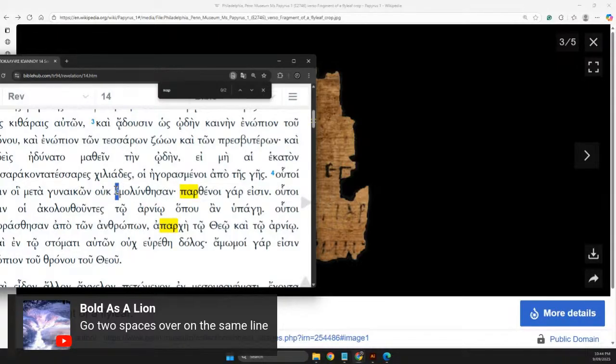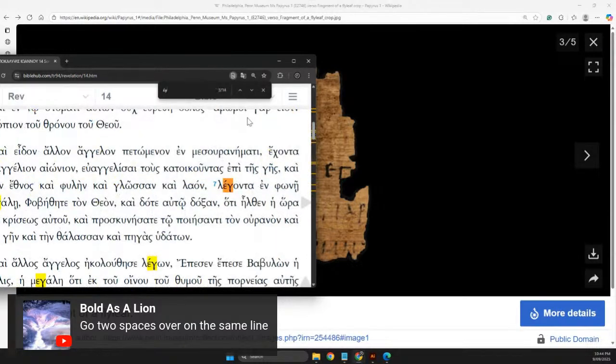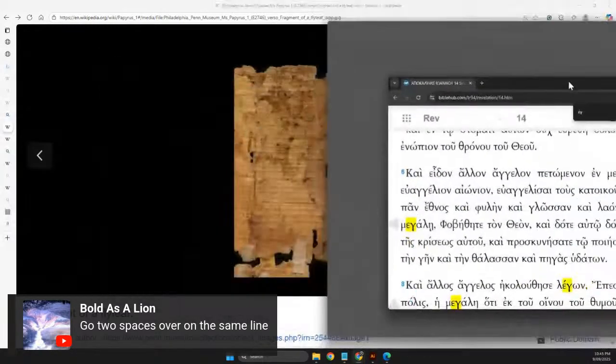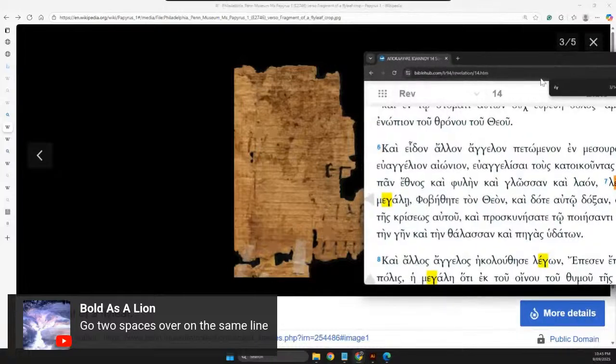Okay, so we'll just try that. Let's try an epsilon and a gamma. Okay. Legonta is appearing there. Okay. Megale.